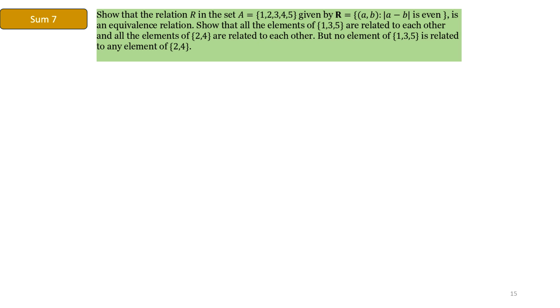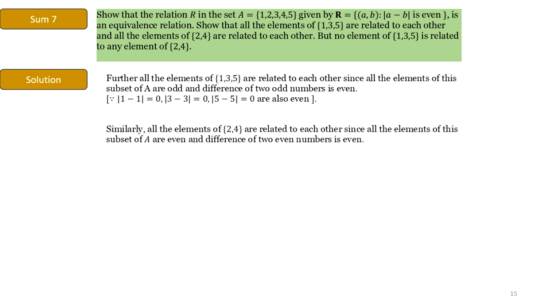Additionally, show that all elements of the set with elements 1, 3, 5 are related to each other, and all elements of the set with elements 2, 4 are related to each other, but no elements of these two sets are related to each other. The set with elements 1, 3, 5 has all odd numbers as elements.